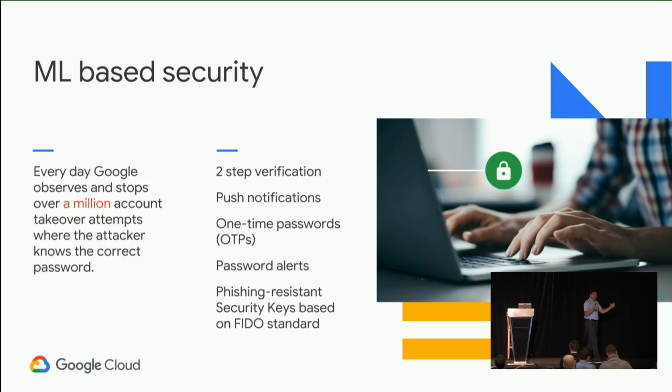And we take all those threat signals, and then we use our machine learning and AI capabilities to strengthen the security of Cloud Identity so that you can use the same identity to expand and apply to all your applications within your company. And then finally, Google stops over 1 million account takeovers that happen on a daily basis. Every single day, we stop over 1 million account takeover attempts.